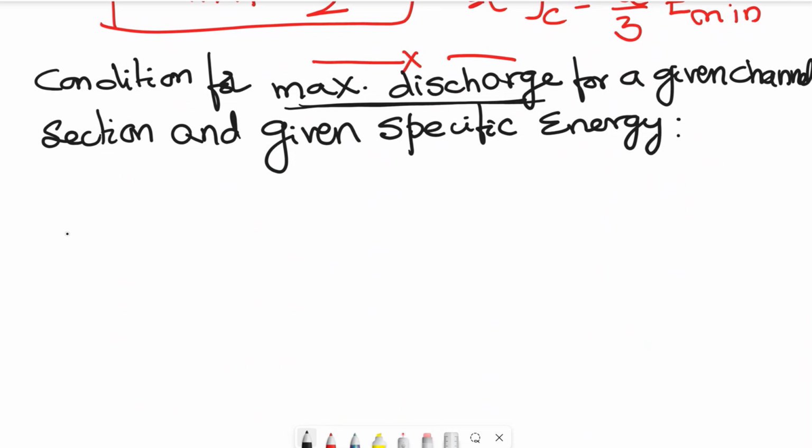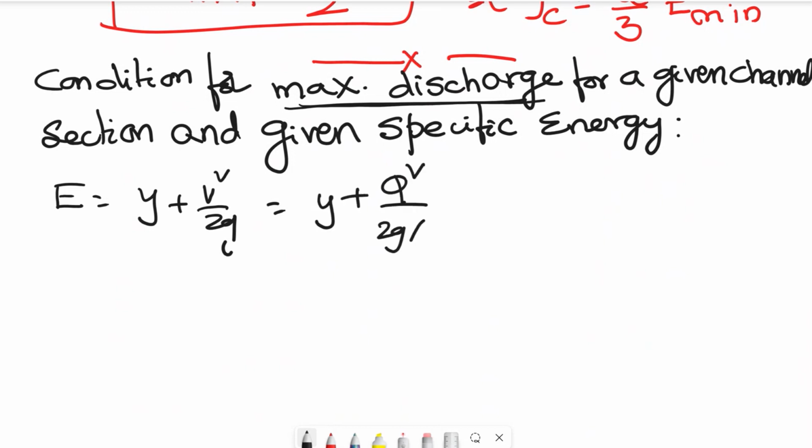So now E is equal to y plus v square by 2g, or it is equal to y plus Q square by 2g A square, which is equal to y plus small q square by 2g y square. This is the basic thing.